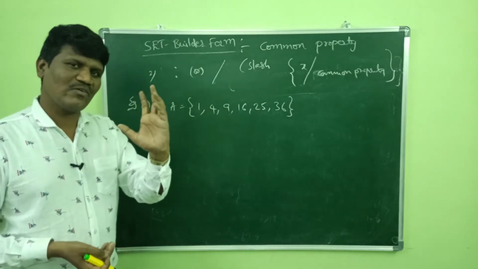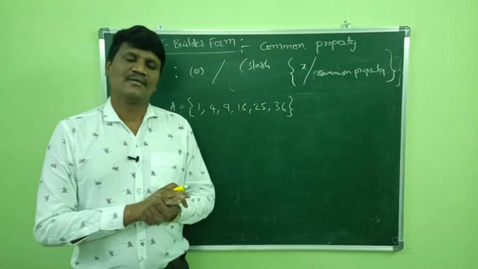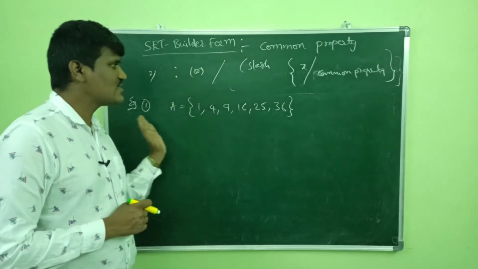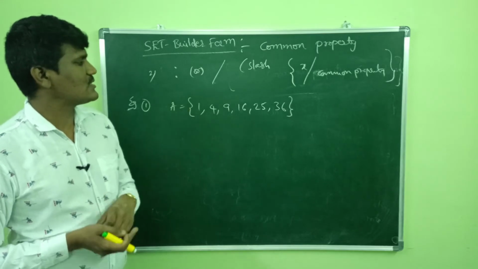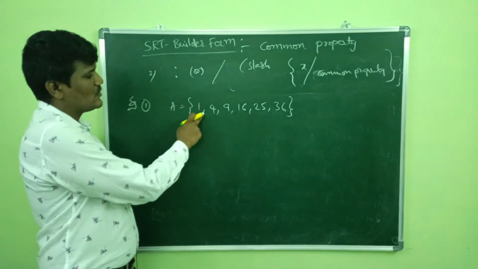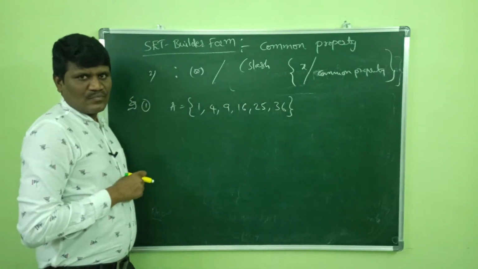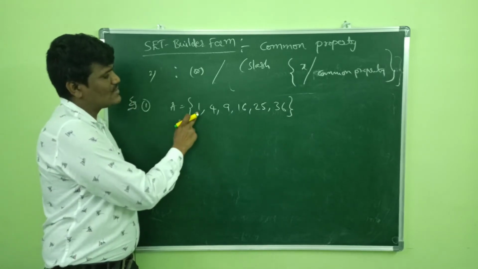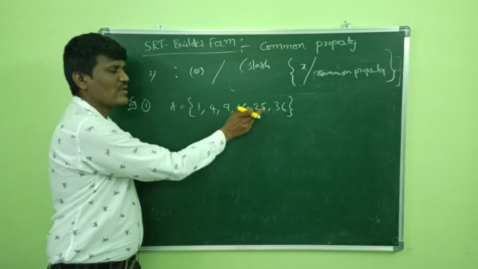For writing a set builder form, you need to find out the logic in this. Find out the common rule, or in which sequence it is there. If you observe this, what is the common property in 1, 4, 9, 16, 25, 36? All of you know they are perfect squares. You can write them as 1 square, 2 square, 3 square, 4 square, 5 square, 6 square.